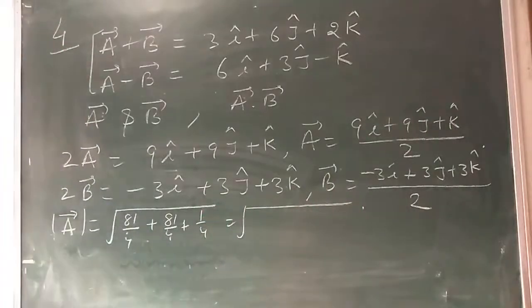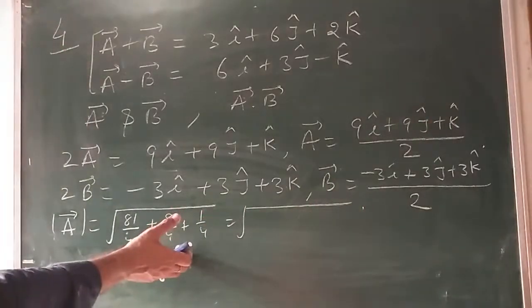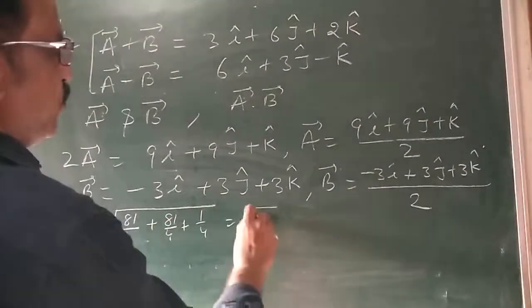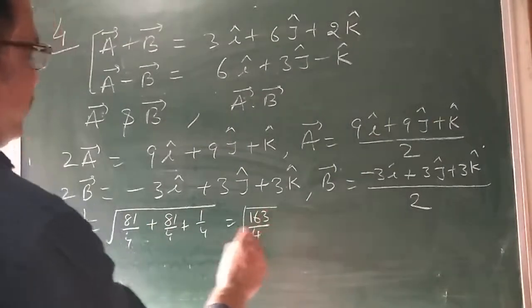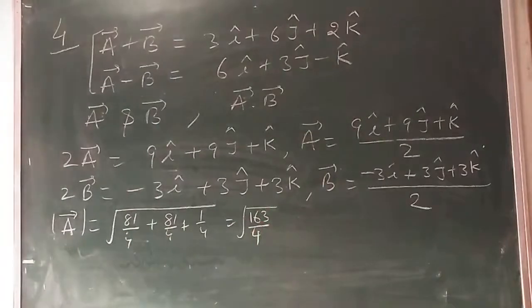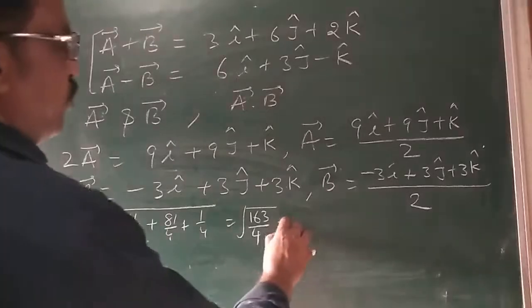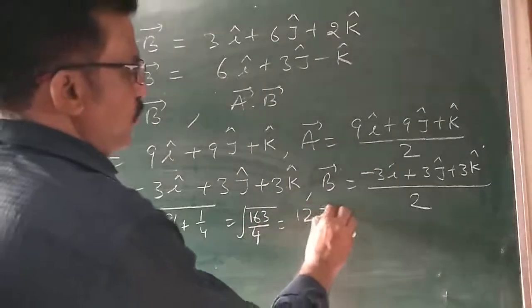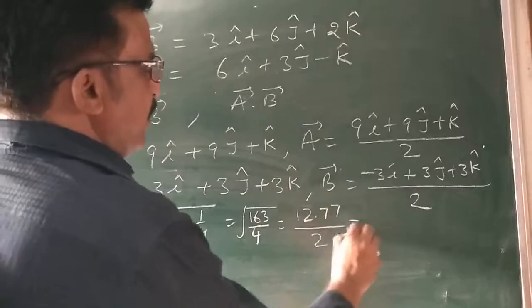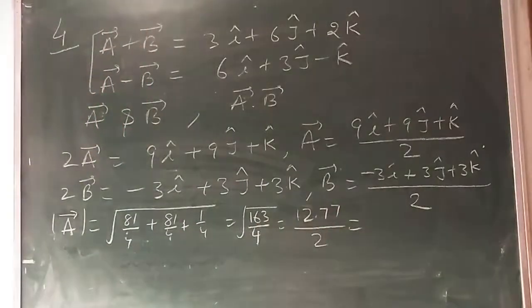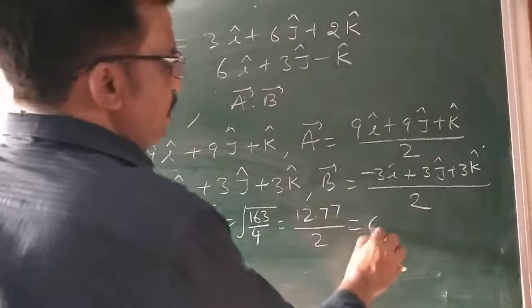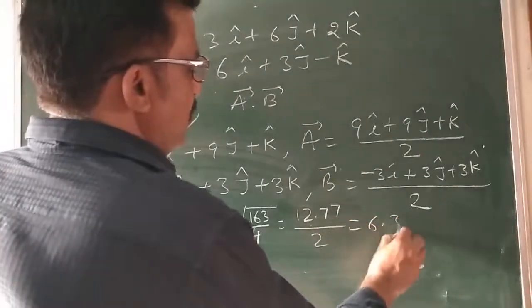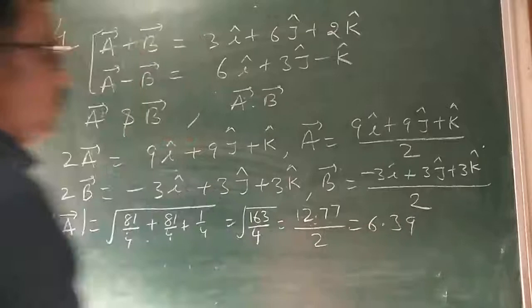Solve it, take LCM 4 and solve it. You will get 163 by 4 here. Then take a root. 4 root is 2. You can easily find out the root of 163, that is near about 12.77 divided by 2. That is equal to 6.3 and then 9 here. This is the value of A.